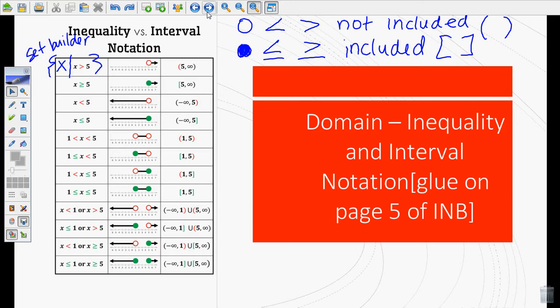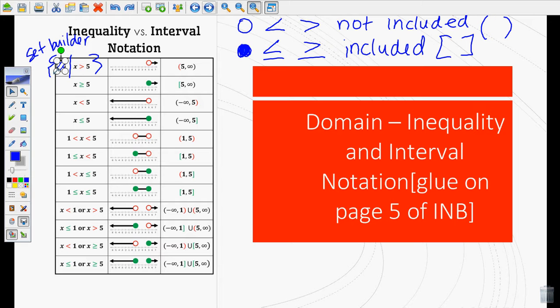We're going to write some stuff around it. Okay? So in the spaces around it, we're going to highlight some stuff. If you look at the blue right here, this is our set builder. Okay? Set builder does not change the inequality. It just dresses it up. It makes it fancy and formal. So our set builder, this x right here means that I'm defining x, right?